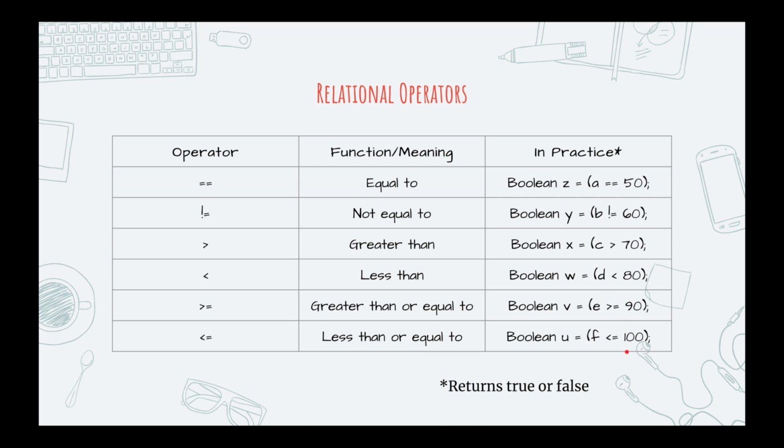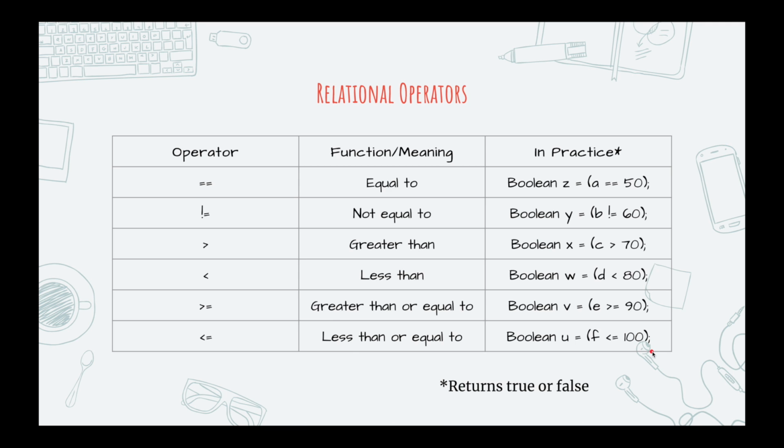And then our very last relational operator is less than or equal to. So let's say F is 50. 50 is less than or equal to 100 because it's less than 100, so it's going to return true. Let's say F is 200. 200 is not less than or equal to 100, so it's going to return false.